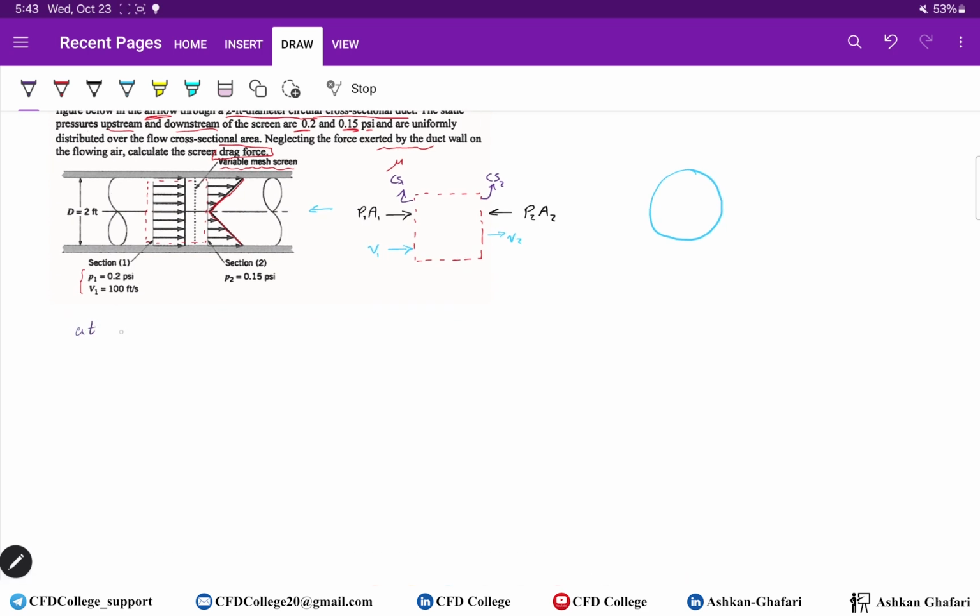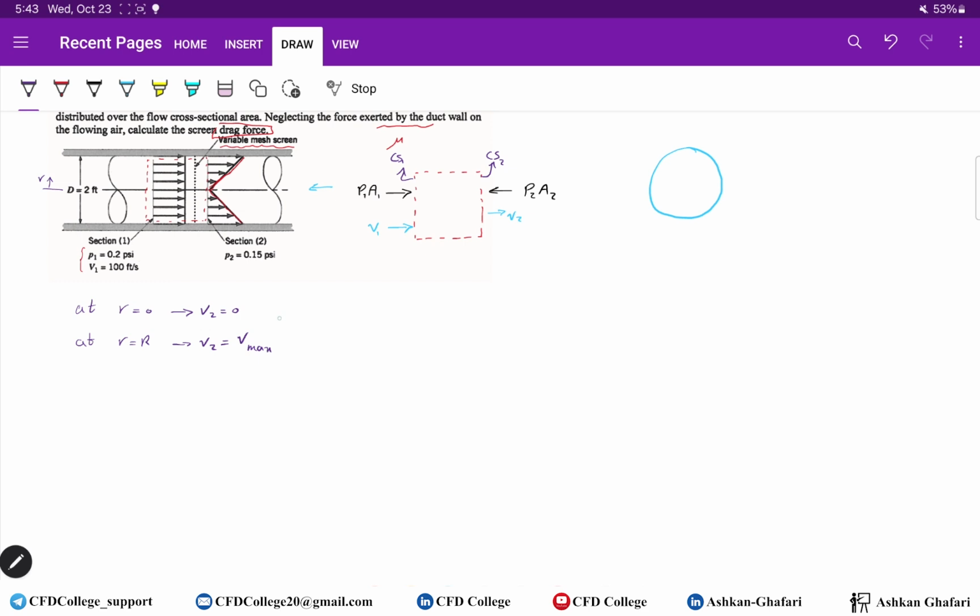Actually it's linear. If we define r this way, at r equals 0 velocity V2 is 0, and at r equals R, V2 equals Vmax. So from this you can find the velocity. When we know the velocity is a linear function, it means that it's, for example, c1 r plus c2.